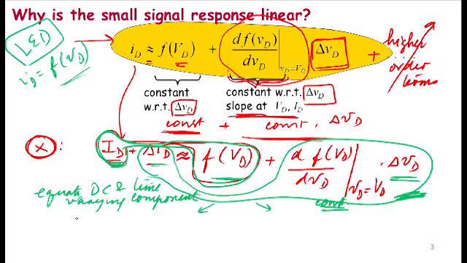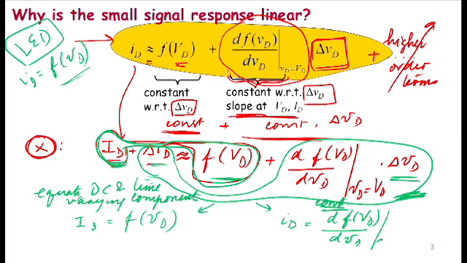So therefore, the DC parts here are: capital ID is equal to f of capital VD. That is my DC part. And then I have a time varying part. And the time varying part is delta ID equal to df of VD by dVD evaluated at VD equals capital VD times delta VD.